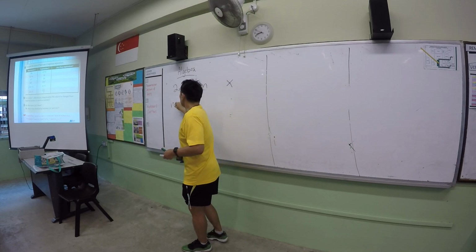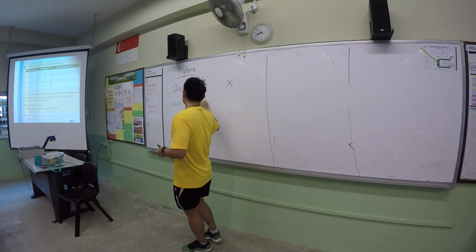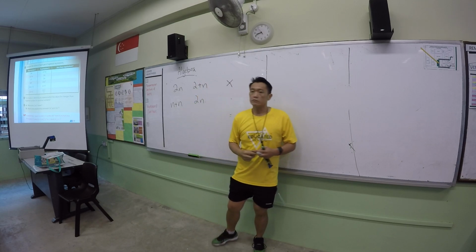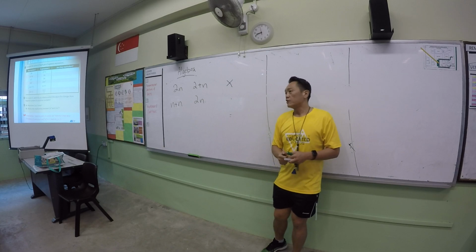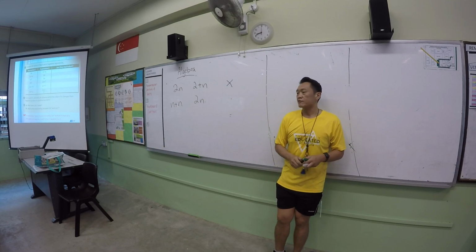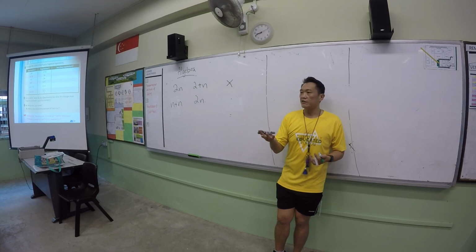What about n plus n and 2n? Same, put up right hand. Not the same, put up left hand. Vivian, same, different? Same.